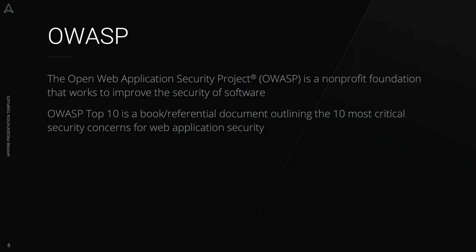This list is refreshed periodically. For example, the latest one was created in 2017, and before it was 2013, so I guess we're waiting for the new list maybe in 2021 or sometime later.